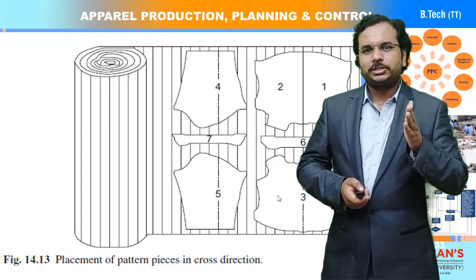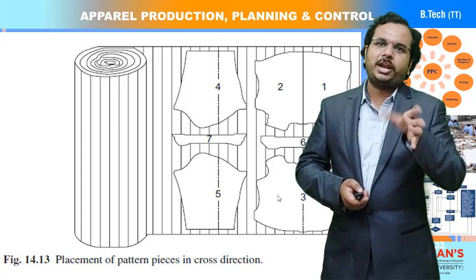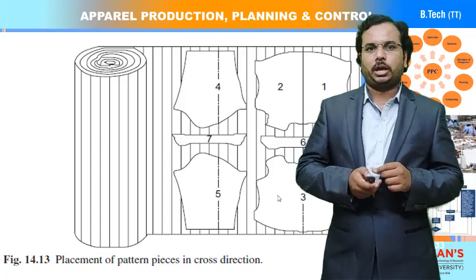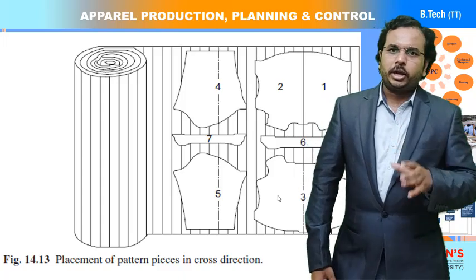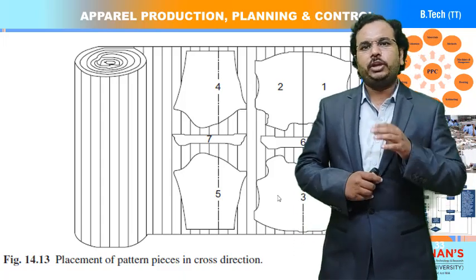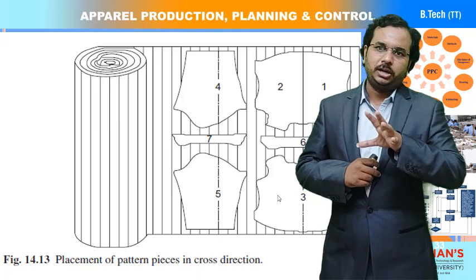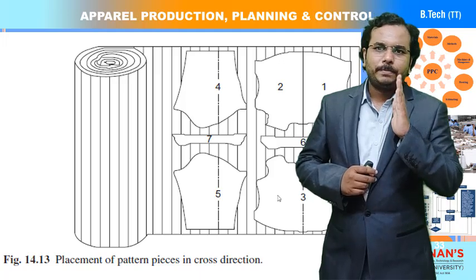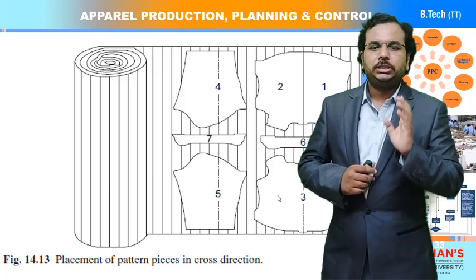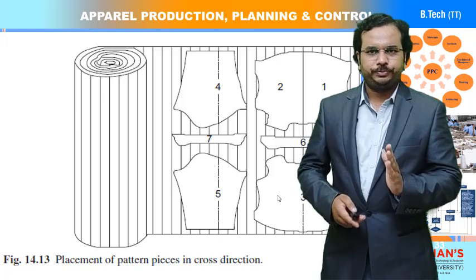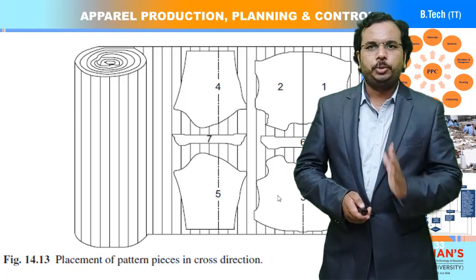By considering the stripes, they have changed the direction of the sleeves, front bodies and back bodies of the garment. As per the quality requirement, we need to change the directions, but the consideration is that we need to match the stripes or pattern in the particular panel or in the particular pattern. Okay, so that should be there.